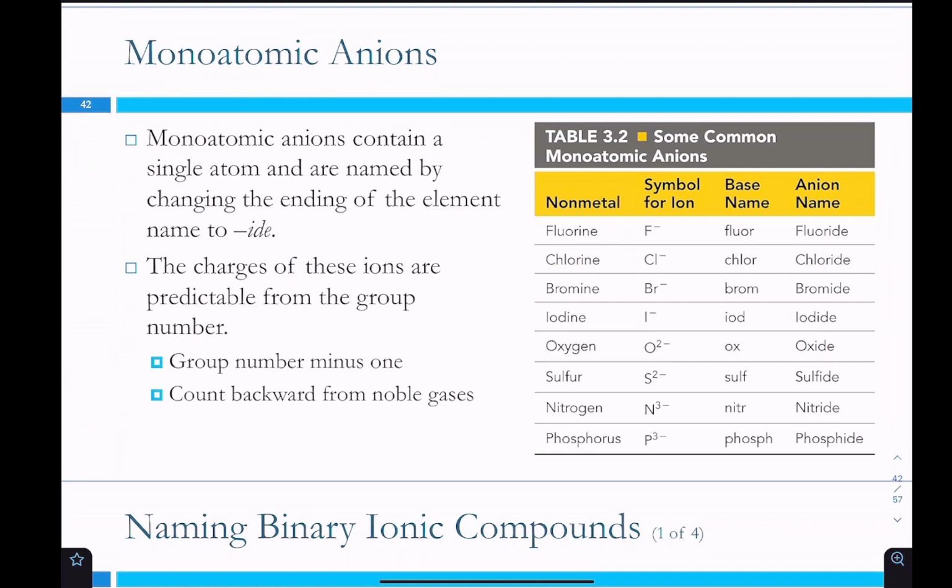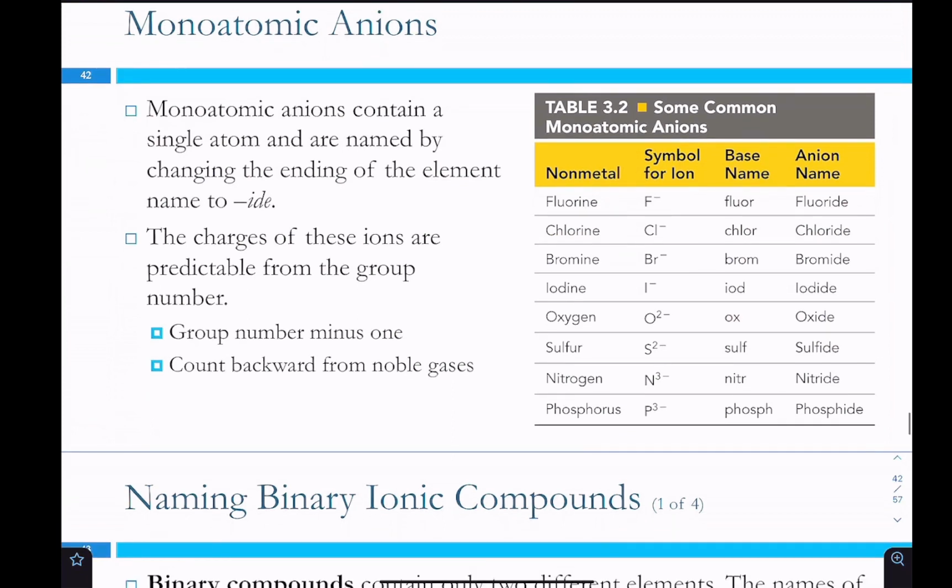Some of them will change differently. I think the one that's the least consistent about these, right? So fluorine, you go to the I and then you change everything after that to IDE. And so that's consistent, fluorine, chlorine, bromine, iodine.